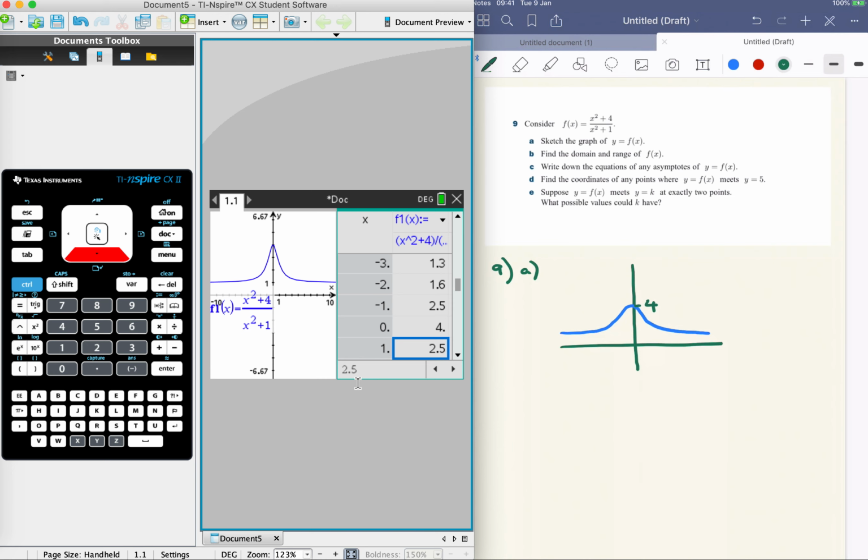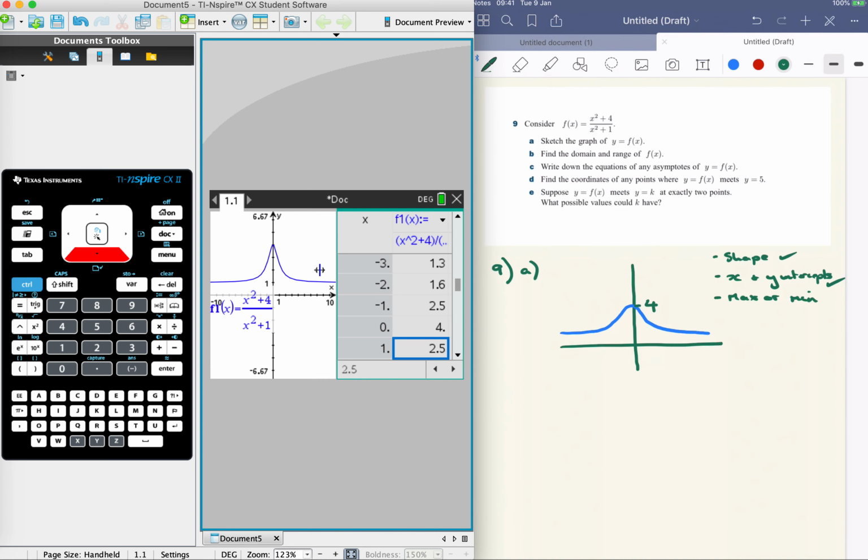So there's not really a great deal to the sketch. We would think about including a few things. We would always need to include this shape, which we've done. X and Y intercepts, which we've done. Potentially any maximum or minimums.